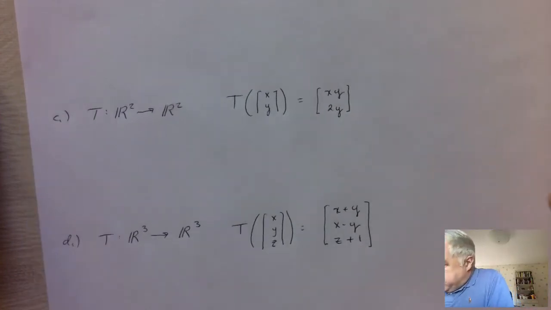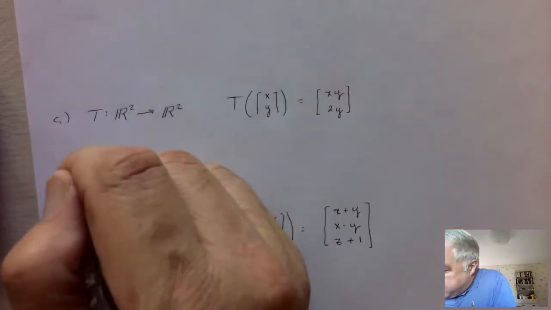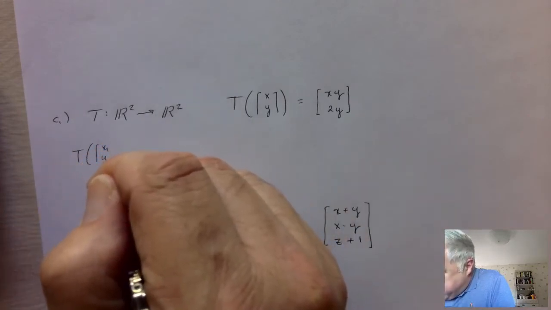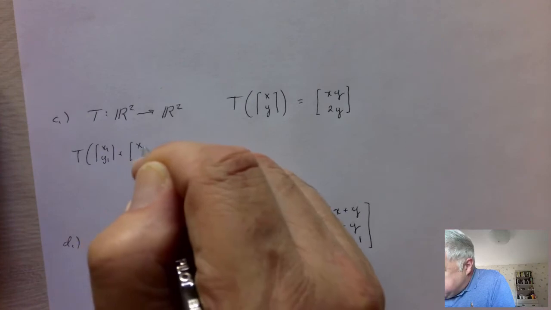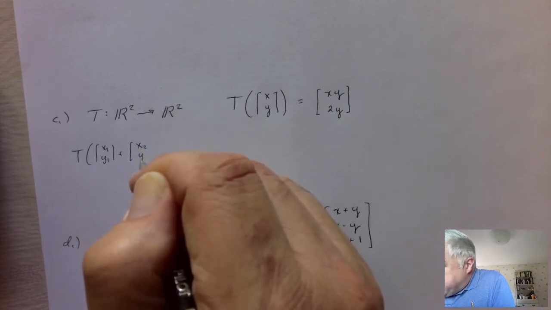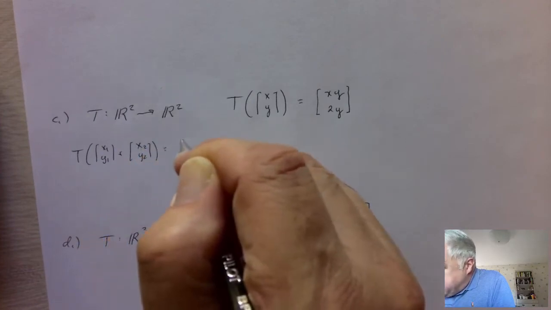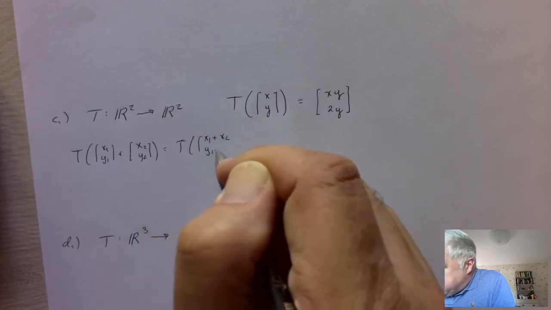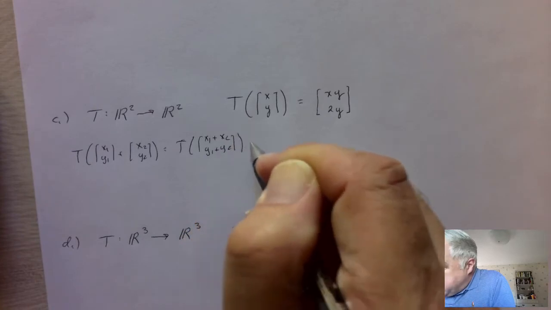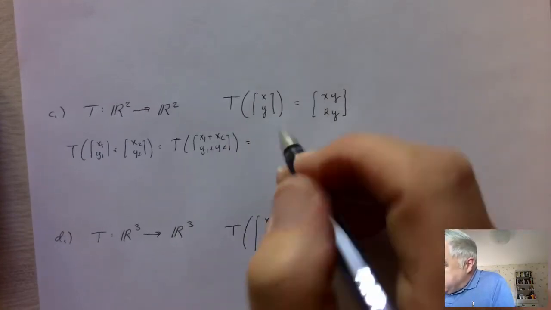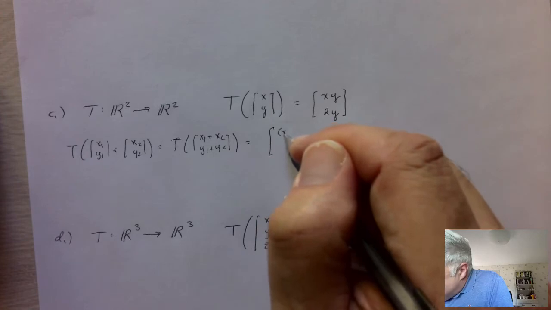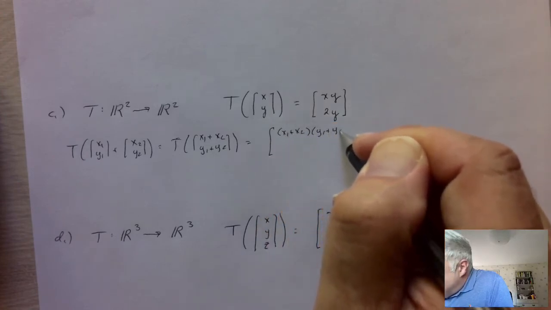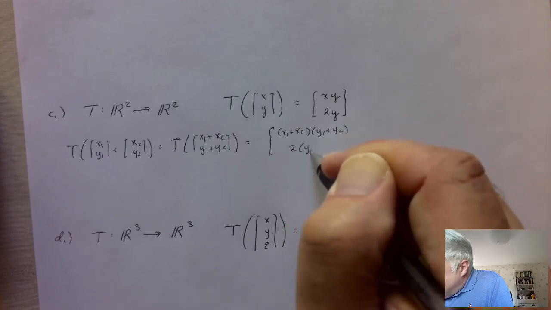Because we can see that T of (x, y), let's say (x1, y1) plus (x2, y2), is going to be T of (x1 plus x2, y1 plus y2), and then T sends this to the vector (x1 plus x2 times y1 plus y2, 2 times y1 plus y2).